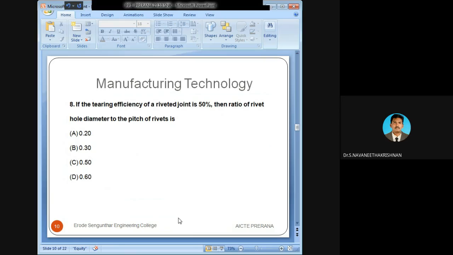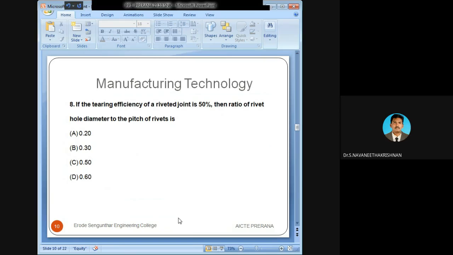The correct answer is 0.50. Because of the tearing efficiency of a riveted joint, 50 percent of the part of the rivet will be in upward projection and 50 percent will be in downward projection.